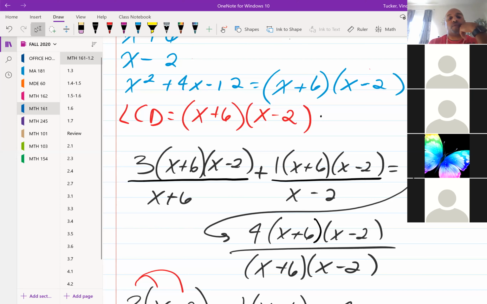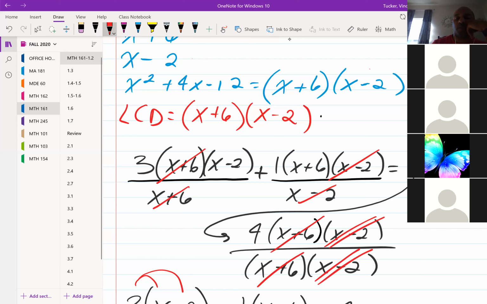All right, so now notice what we can do is x plus 6 will cancel in the first one, x minus 2 cancels in that second one, and then in the third one I had to come down here because I ran out of room on the right. But x plus 6 will cancel and x minus 2 cancels.